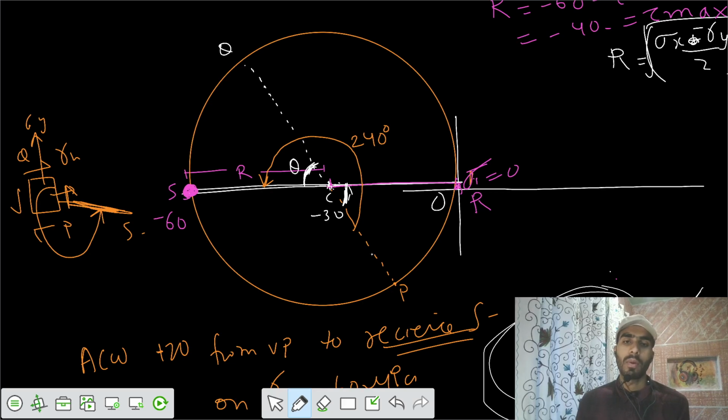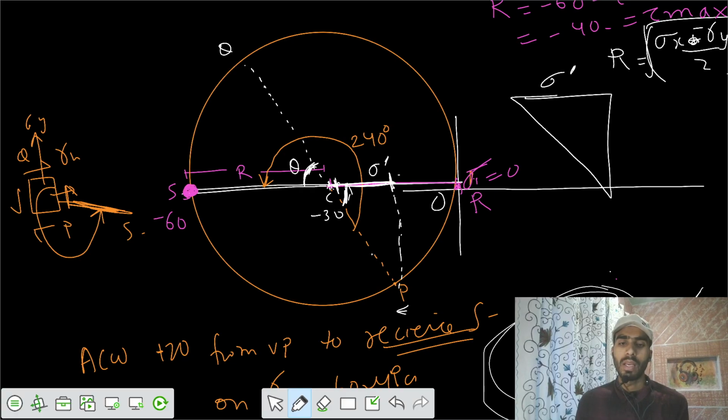If I am able to calculate from this triangle, let's say this value is sigma dash. But the stress acting on plane P is sigma x, because on plane P your sigma x is acting. And on plane Q, this is sigma y.